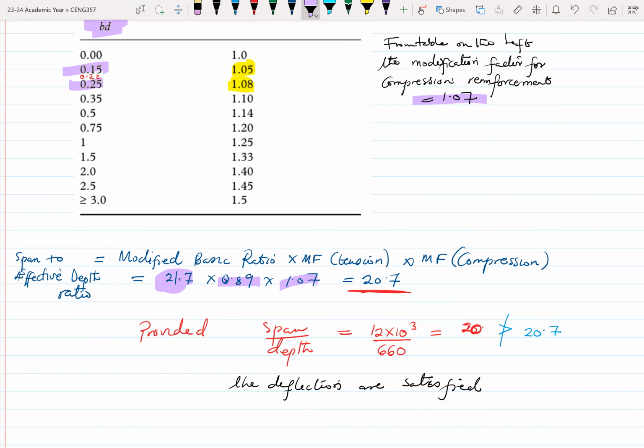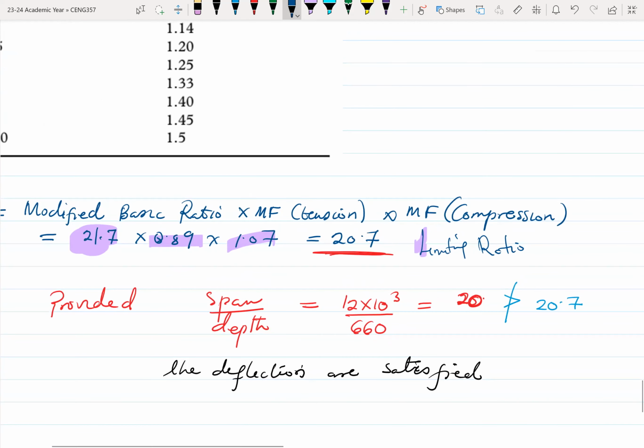What this means is that this is the highest ratio we can go. We cannot go beyond 20.7 for the ratio. So this becomes our limiting ratio.